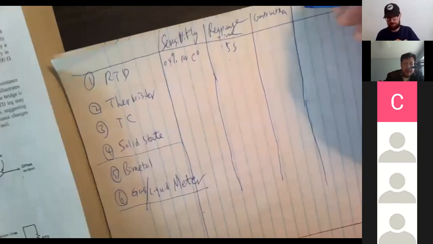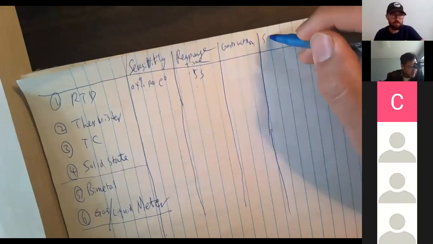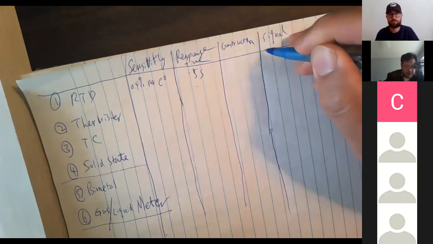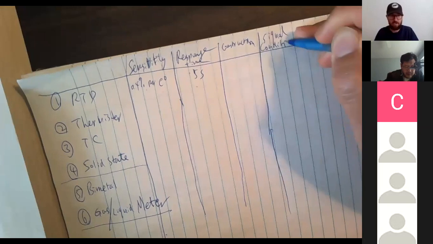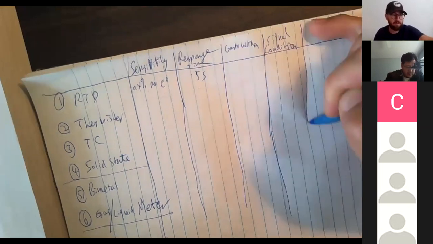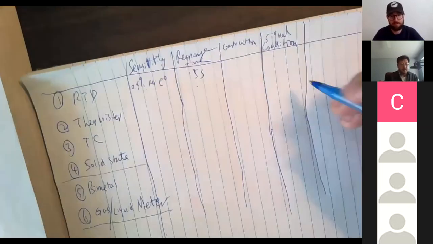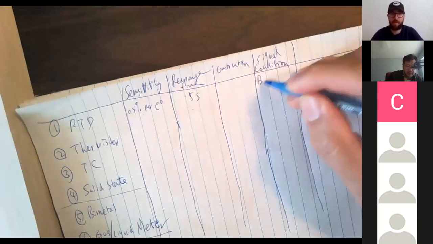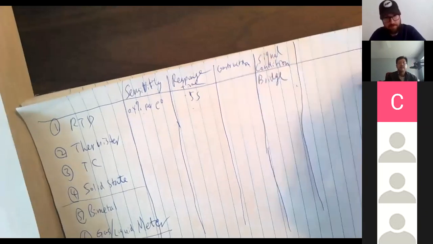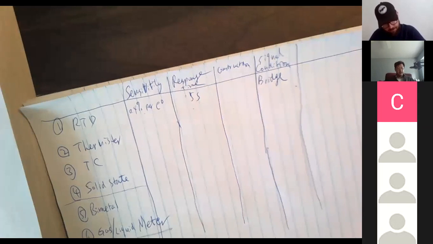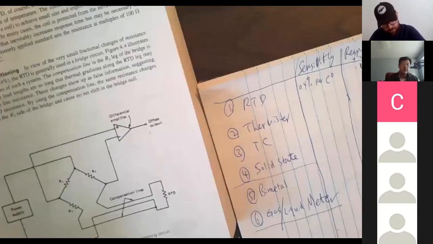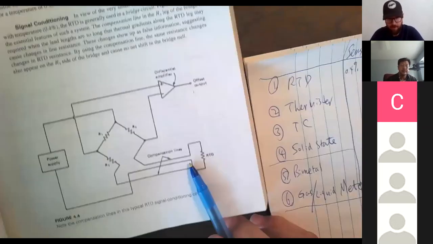The next topic will be signal conditioning. That is, how do we interface? Generally, we use a bridge for the interface because it's a variable resistance. So that will be our sensor right here.